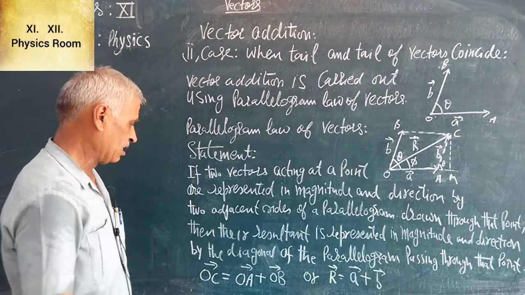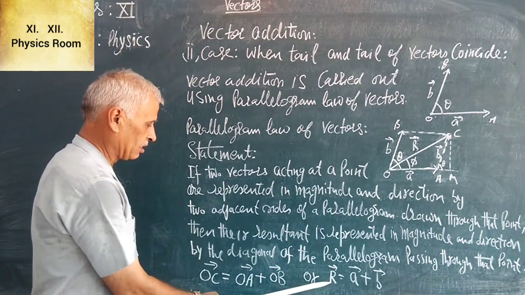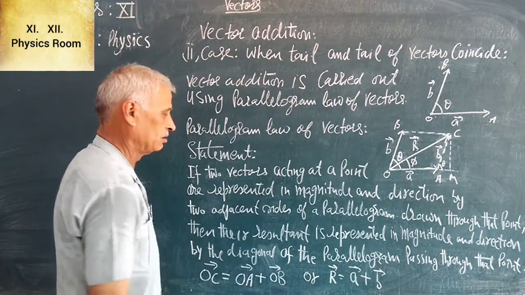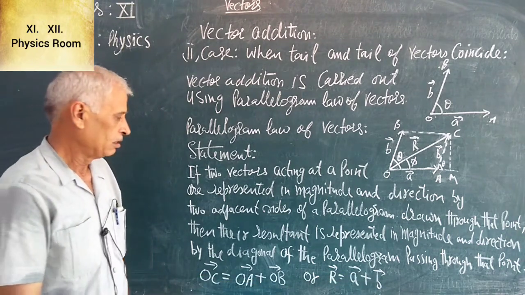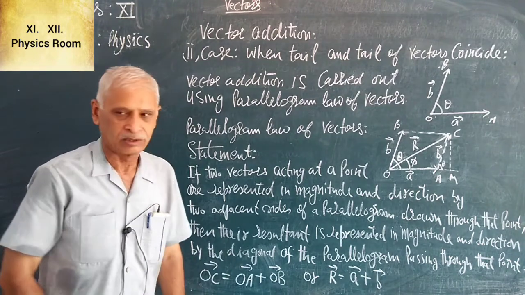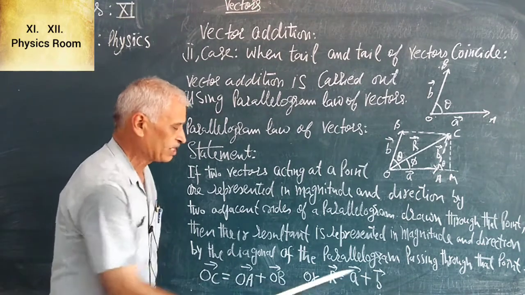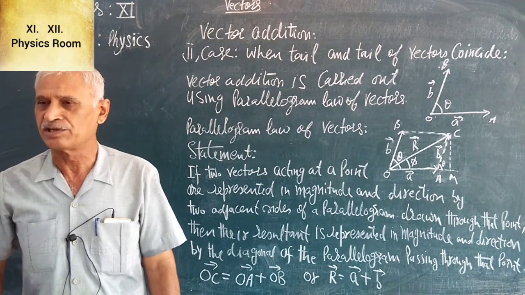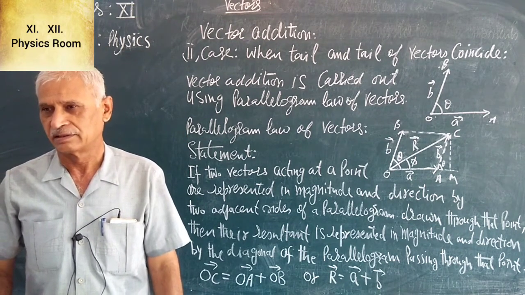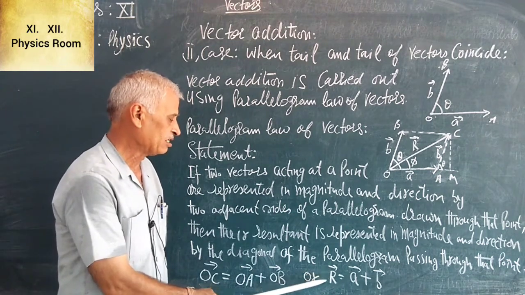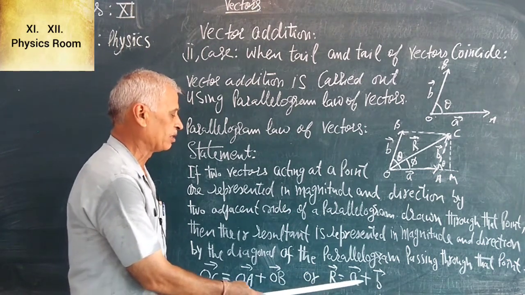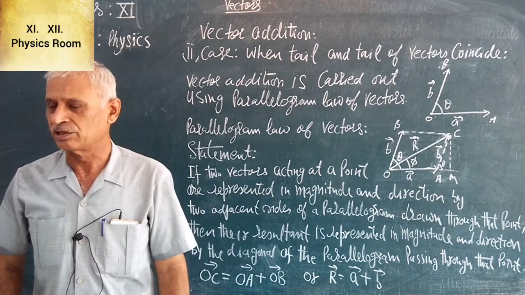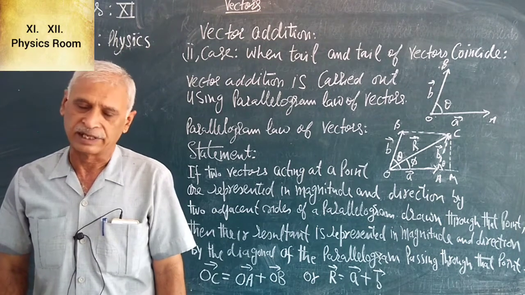Or we can express it as vector R is equal to vector A plus vector B. Because it is a vectorial expression and the resultant is a vector quantity, we are to calculate its magnitude and direction.